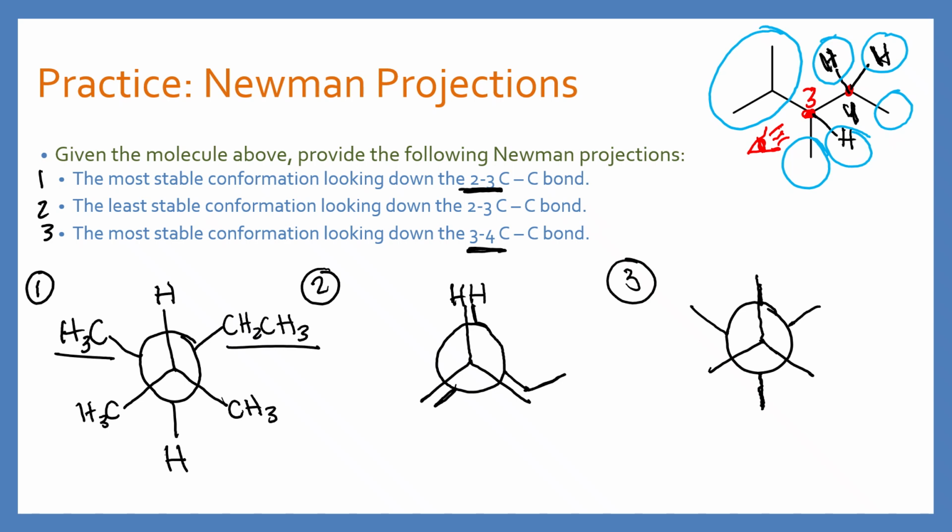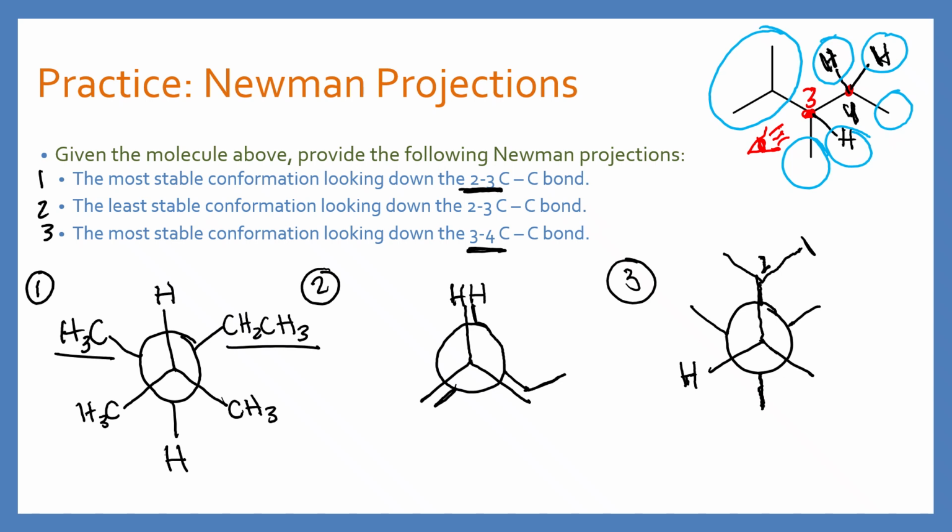I'm going to draw my isopropyl group out like this. So this is carbon number 2, carbon number 1, and then the methyl group coming off of carbon number 2, in case you were having a hard time tracking that. And then carbon number 3 also has a methyl group on it, so I'm just going to leave one of these sticks blank. And then it also has a hydrogen.